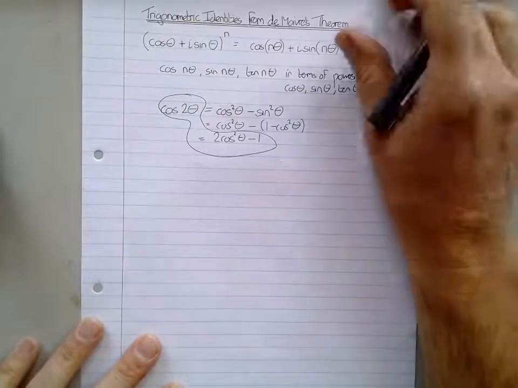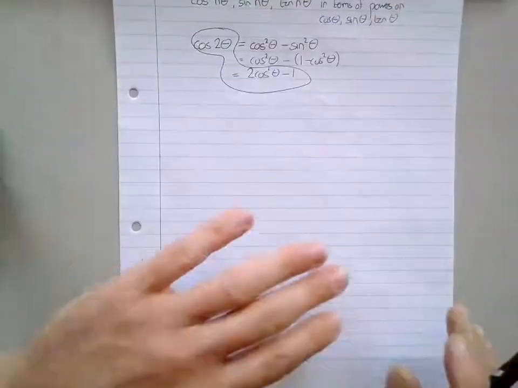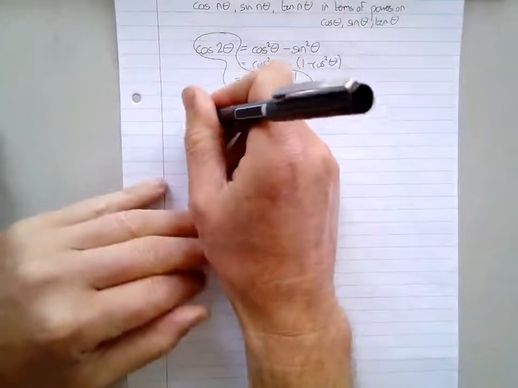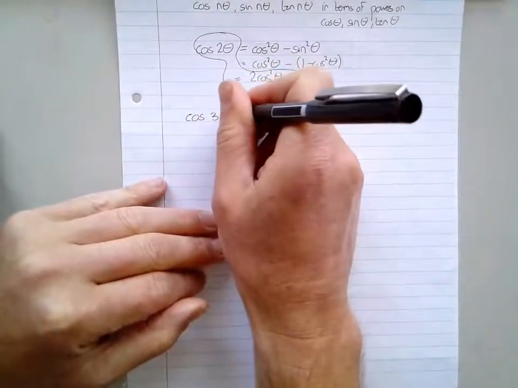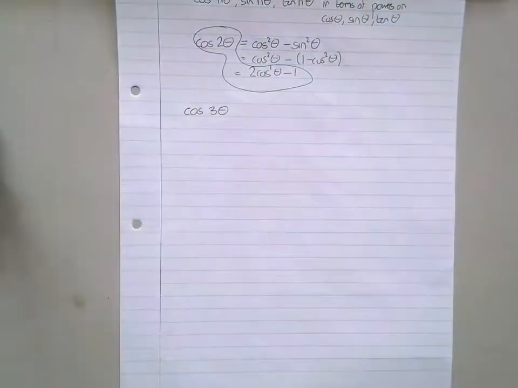So what on earth has this got to do with De Moivre's theorem? Well, I'll show you. This is the example in the book. I'm just basically doing what they do. Suppose you've got cos 3 theta, and you want to write that in terms of cos theta, effectively.